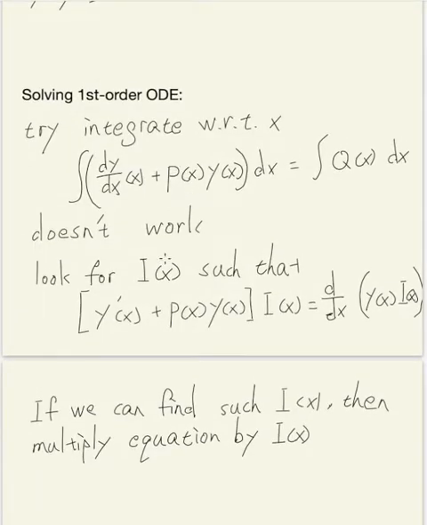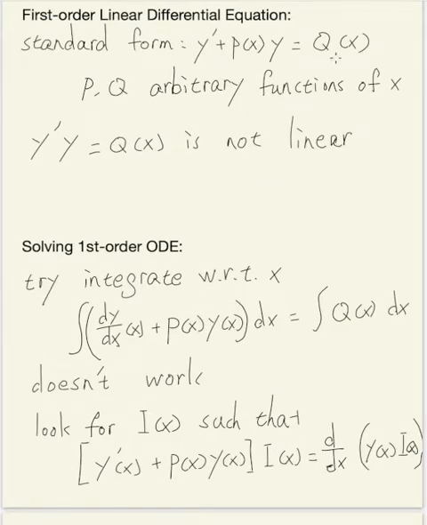So just multiply I of x on both sides of the equation.